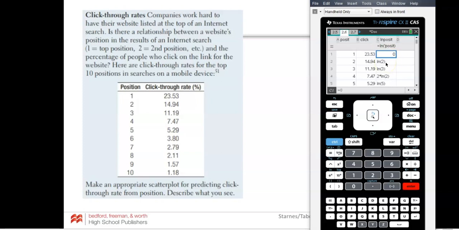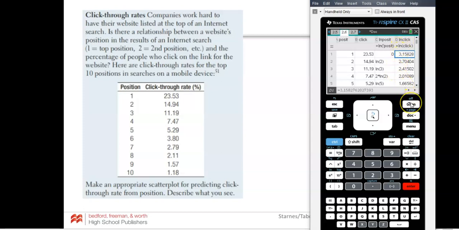The only thing weird is it gives you the exact answers because this is a CAS calculator, but it doesn't really bother us because we're going to graph that anyway. But you could put a decimal point in the problem if you wanted to get decimal answers there. Now we're going to take a natural log, so I'm just putting ln in front of click. So ln click is going to be the name of it, but in the formula I'm actually going to type in ln parentheses click because I want that to calculate all the different values there.